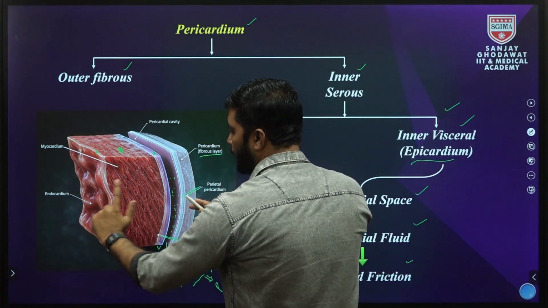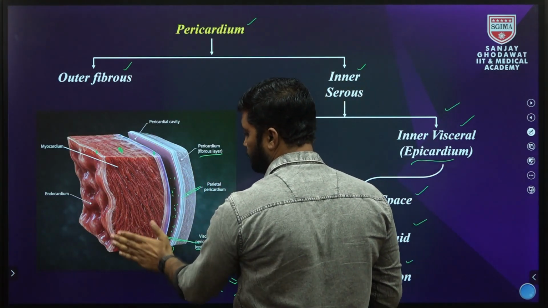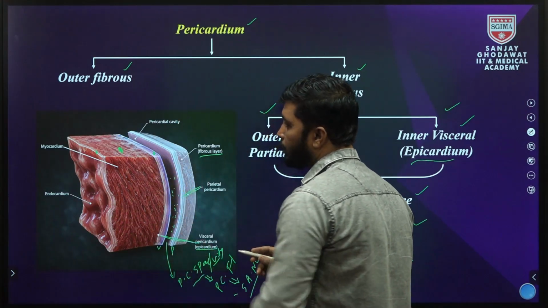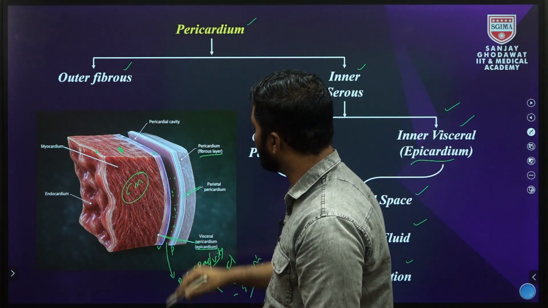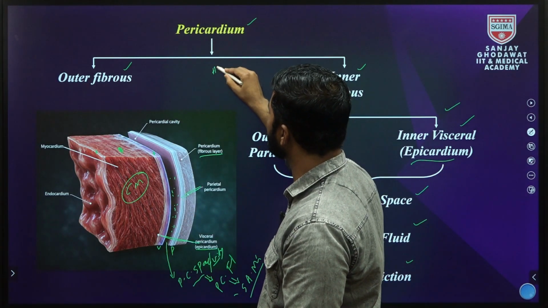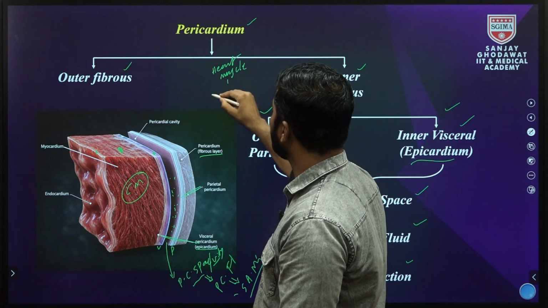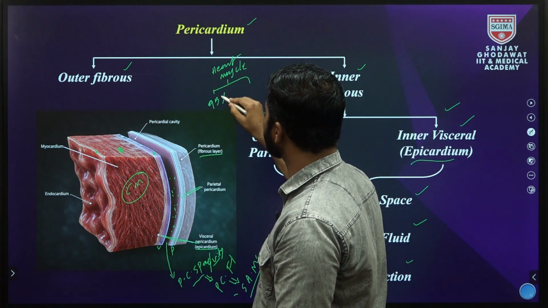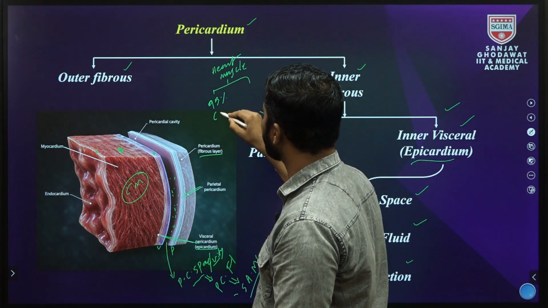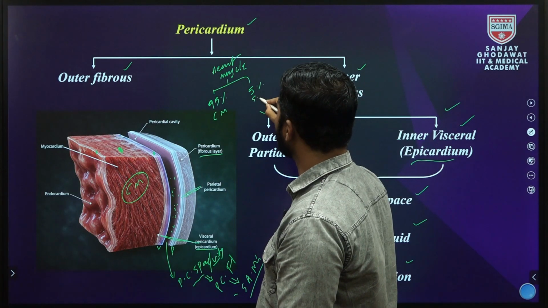The outer and inner are both thin layers, whereas the middle is a thick layer with abundant cardiac muscles. In the heart, 95% of the muscle is cardiac muscle, whereas 5% is smooth muscle.